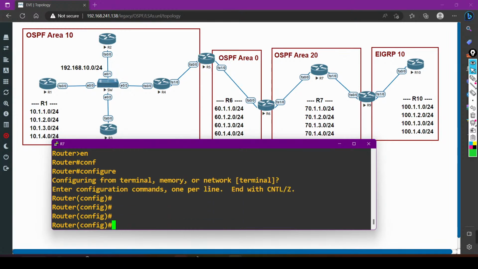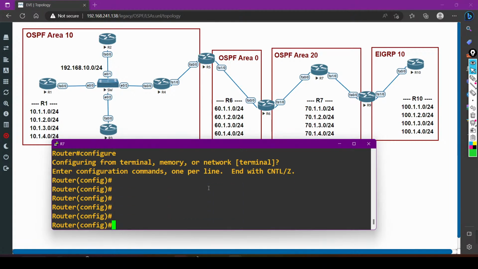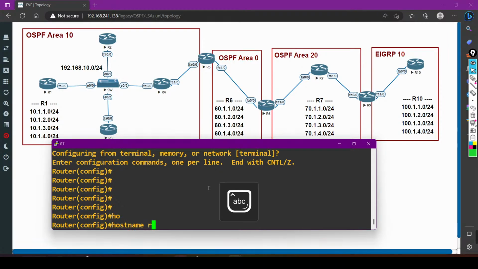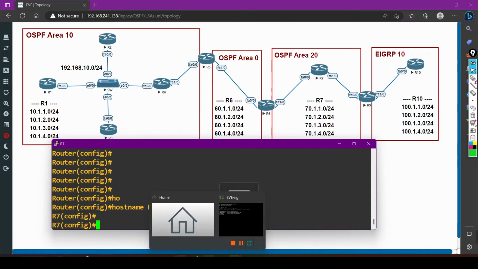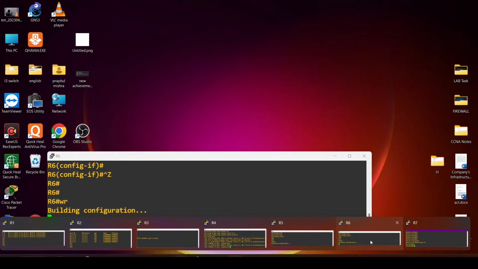Config T, hostname R7. On router number 6, I have configured the hostname. Yes.